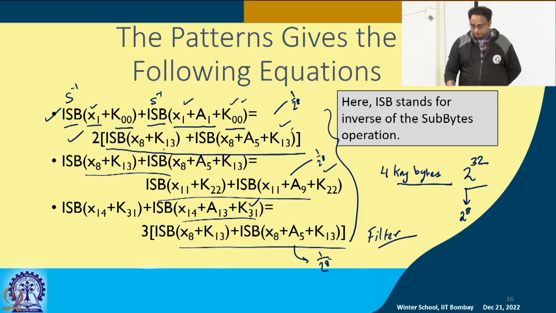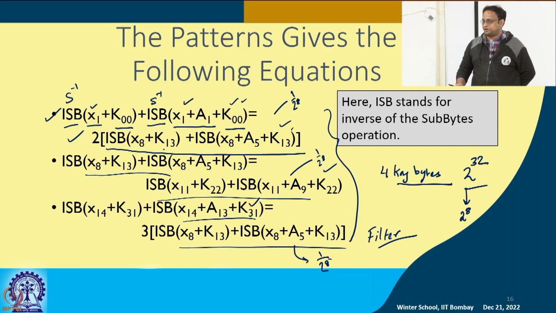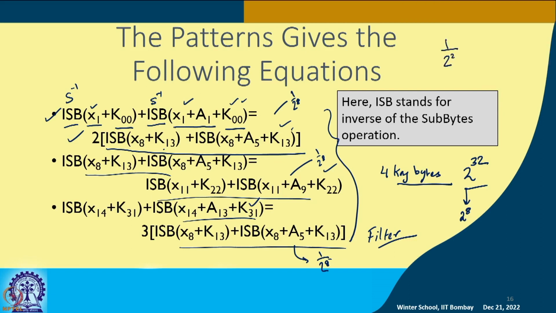Therefore, the probability that all these 3 equations will get satisfied is 1 by 2 power of 24: 1 by 2 power of 8 multiplied by 1 by 2 power of 8 multiplied by 1 by 2 power of 8. And therefore, the expected number of cases which will survive is 1 by 2 power of 24 into 2 to the power of 32, because you have 2 to the power of 32 guesses. And that is equal to 2 to the power of 8.